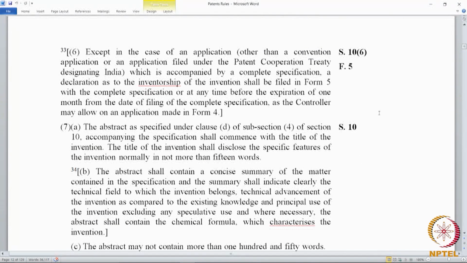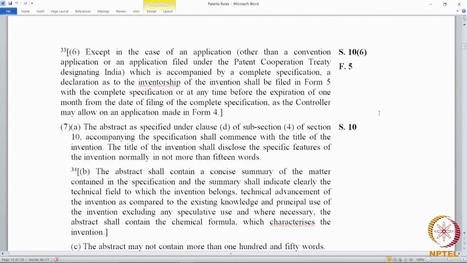We saw in section 10 that a declaration as to inventorship had to be filed using form 5, either at the time of filing the complete specification or at any time afterwards.